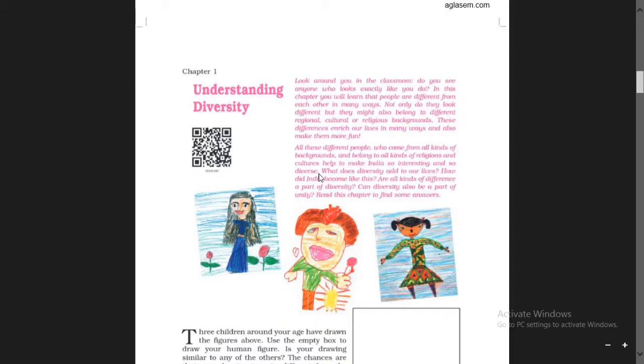So, all these different religions and cultures make our India very interesting and so diverse. What does diversity add to our lives?